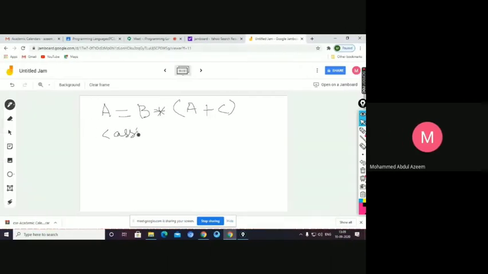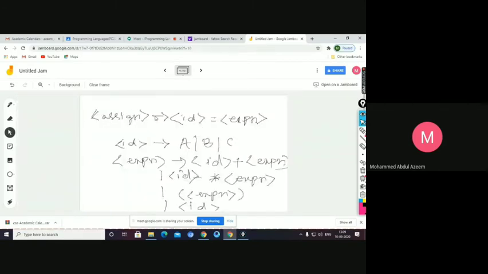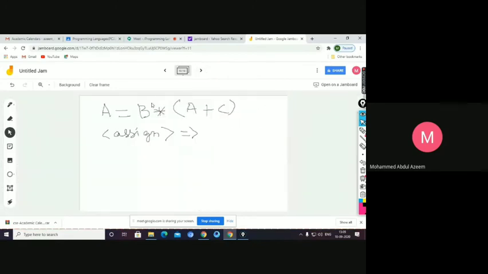This is an assignment statement, right? When I'm deriving, I'll use this double line here. If I'm in the grammar to define the LHS part, I am using an arrow with only a single line. If there is a single line arrow, it is a grammar. And this is derivation.